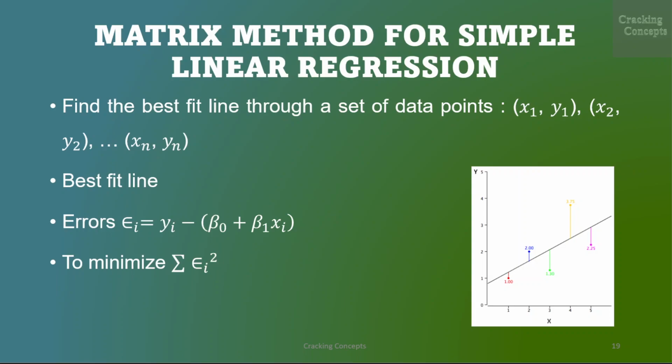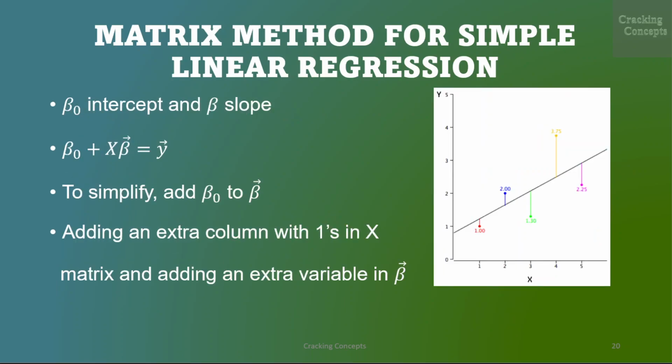Now to formulate this as a matrix solving problem, we will consider this linear equation, where beta 0 is the intercept and beta 1 is the slope. So beta 0 plus X beta vector is equal to y vector. Now in order to simplify this notation, we will add beta 0 to the beta vector. This is done by adding an extra column with 1s in the X matrix and adding an extra variable in the beta vector.